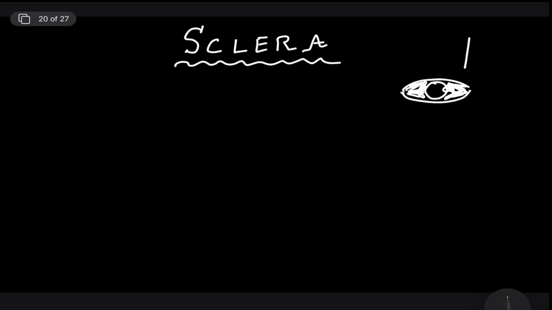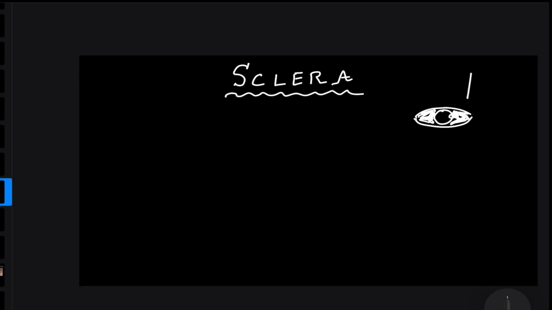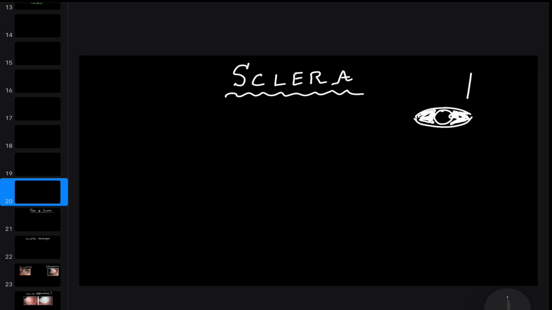Well, the answer is sclera, the white portion, extends posteriorly as well, to the extent that it covers the outer 5/6 of the eye.